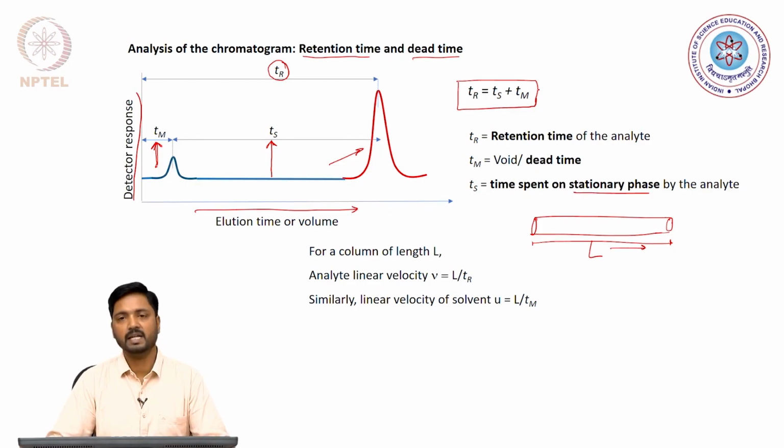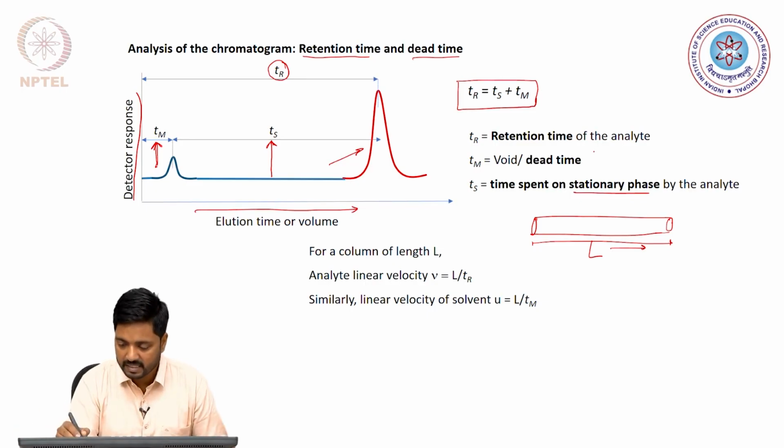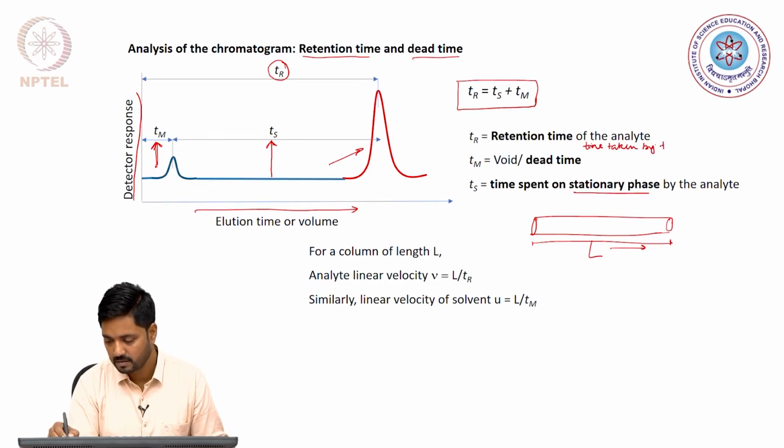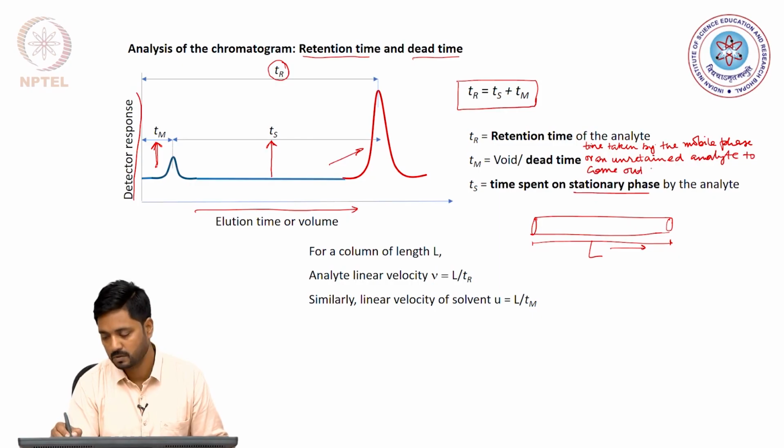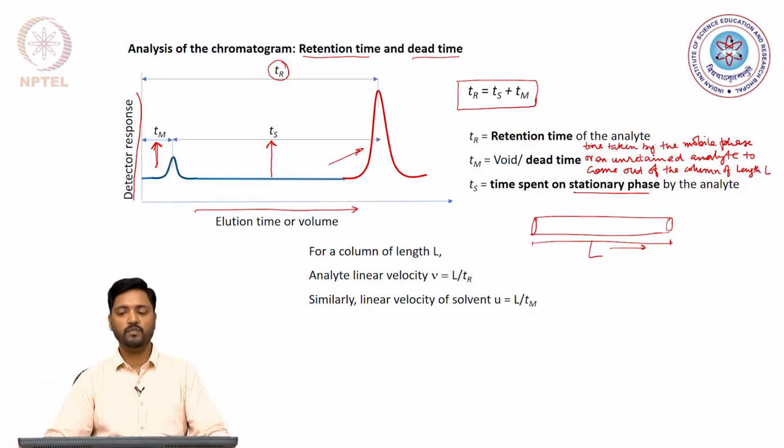Now, we already described the dead time or the void time by explaining that it is the time taken by the mobile phase or an unretained analyte to come out of the column of length L. So, obviously, the longer the column, the more time the analyte will take to come out, or the more would be its dead time.